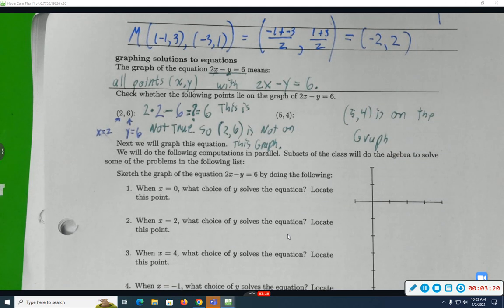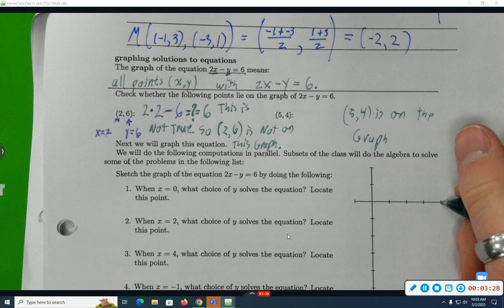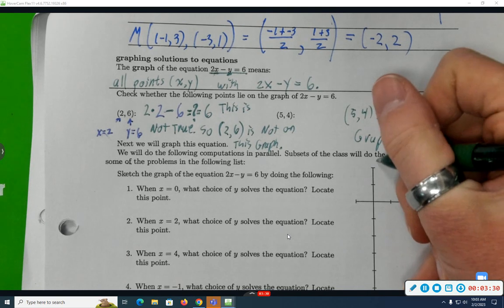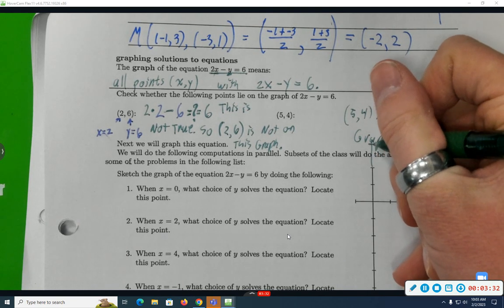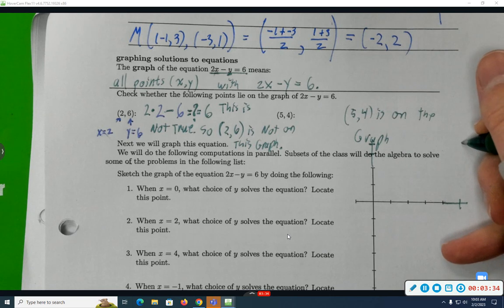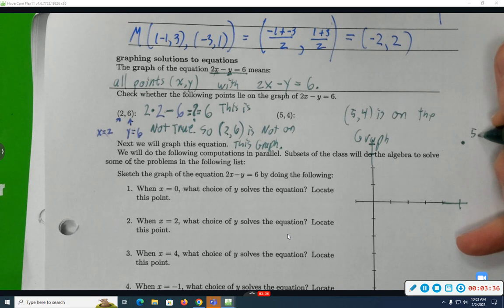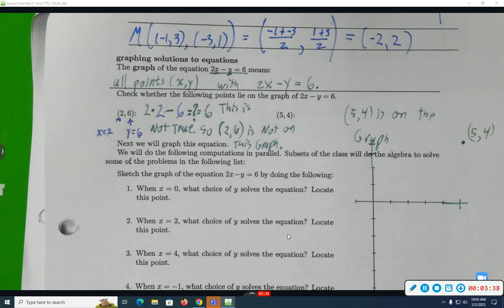And what we'll do on this next table is we'll try to figure out what this graph looks like by finding many points on the graph. And maybe I'll even begin by adding 5 comma, that's about where 4 is. 5, 4 is a point on this graph. And let's find some other points.